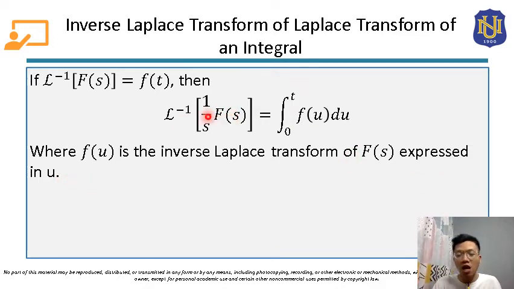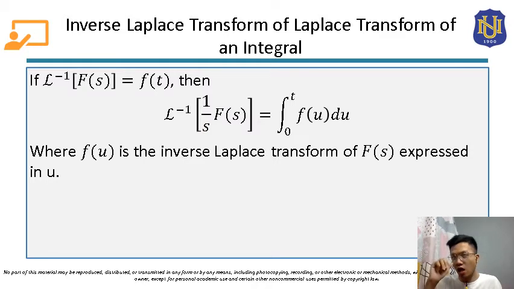If we can factor out 1 over s from the given F of s, we can write this inverse Laplace transform as this. So this is the equivalent of this.